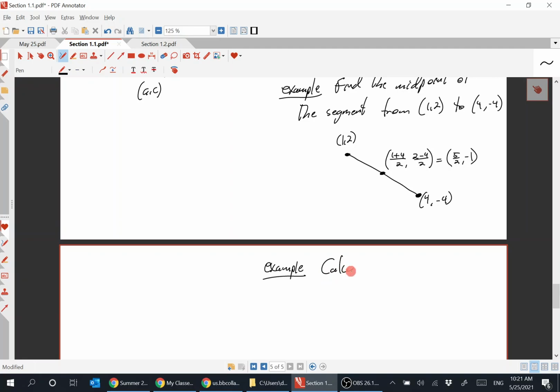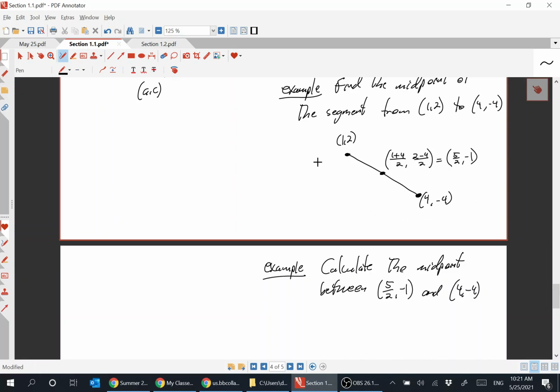So now calculate the midpoint between 5/2, -1, and 4, -4.